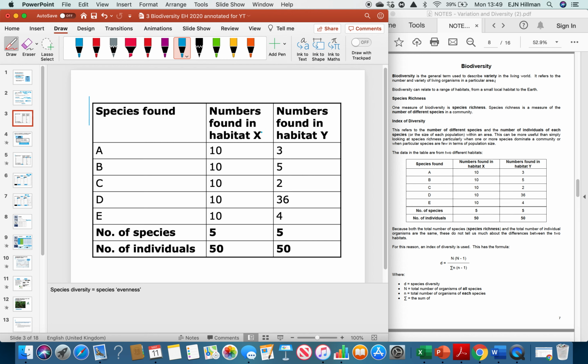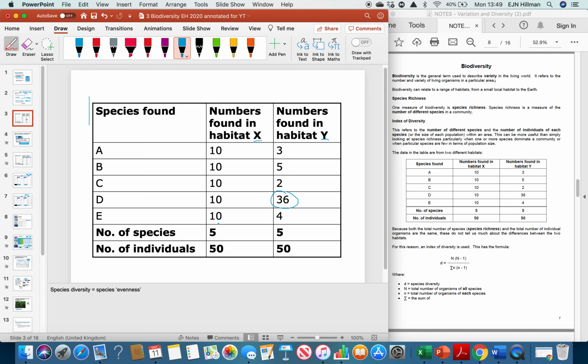But in fact, if we compare habitat X with habitat Y, we can see habitat X has a really even distribution of all of those different species, whereas Y has a really uneven number. Okay, it's got loads of species D, but A, B, C, and E are all in relatively low numbers. There's an uneven spread of those species.